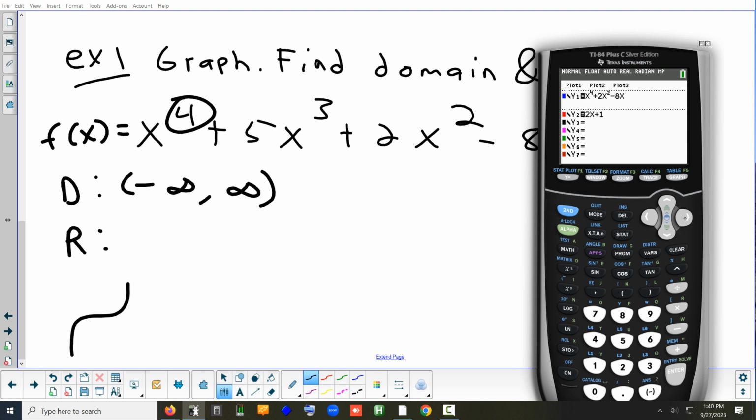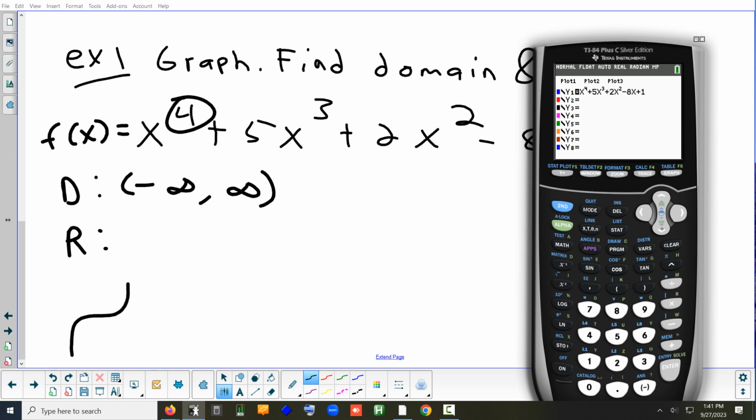And I remember when we graphed it, we had to set the y-min a little bit lower than the standard window. You forgot the plus 5x. Oh, I forgot the plus 5x cubed. Thanks. 5x cubed. Let's see, how are we looking now? x to the fourth plus 5x cubed.